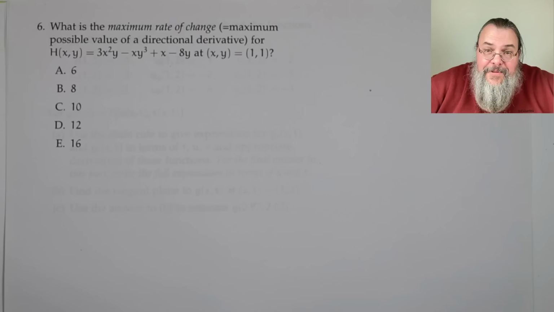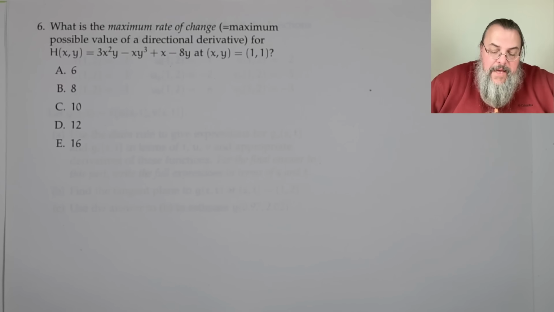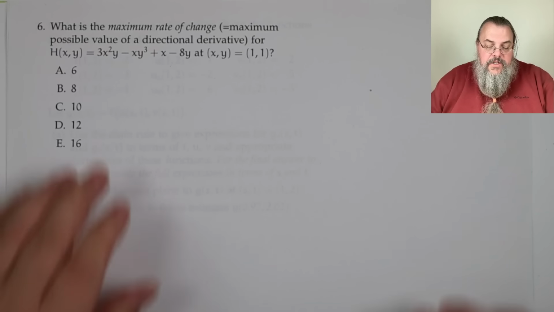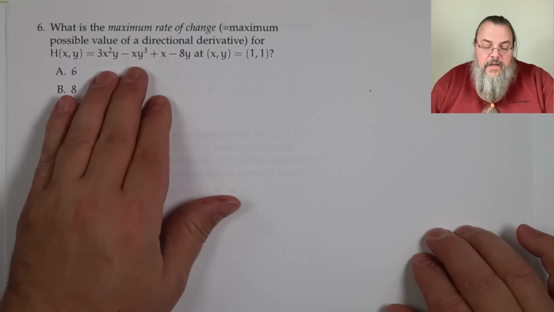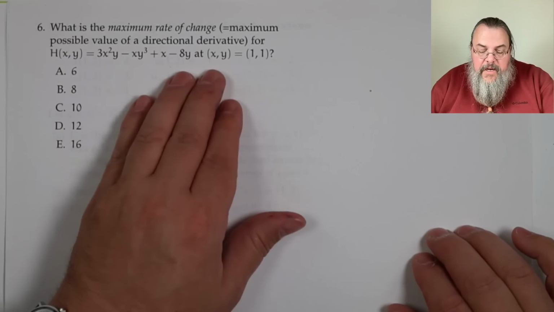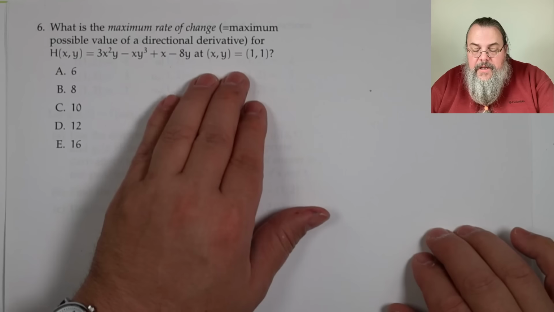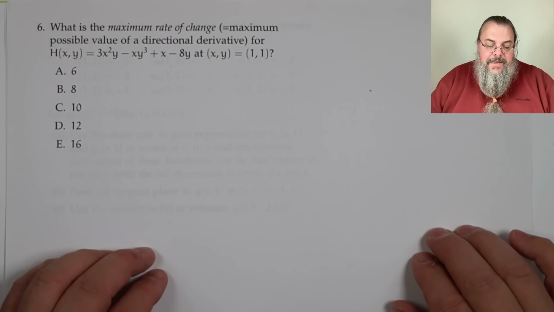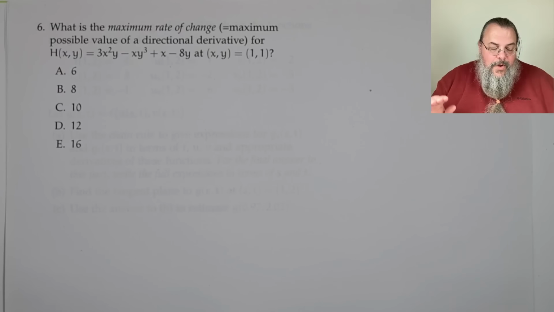Number 6. What is the maximum rate of change, equals maximum possible value of a directional derivative, for this function h(x,y), which is 3x squared y minus x y cubed plus x minus 8y, at the point (x,y) = (1,1)? Now, what is this question asking us to do?